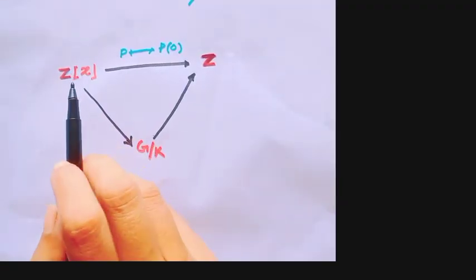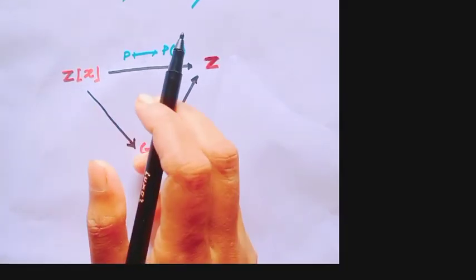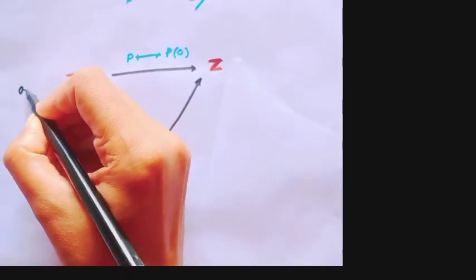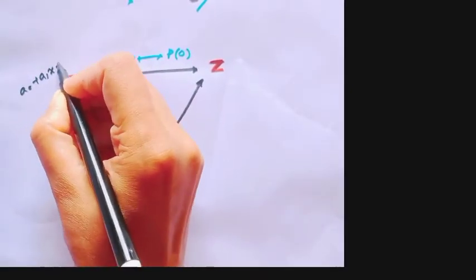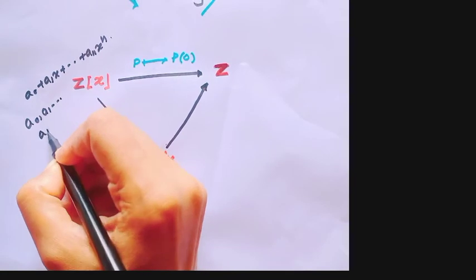Okay? Let's do one example. Z[x]. We all know Z[x] is the set of all polynomials with integer coefficients. That means a0 plus a1x up to anx to the power n, where a0, a1, an are members of the integers.